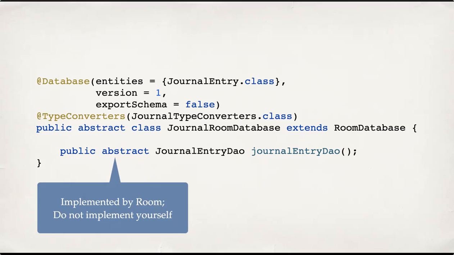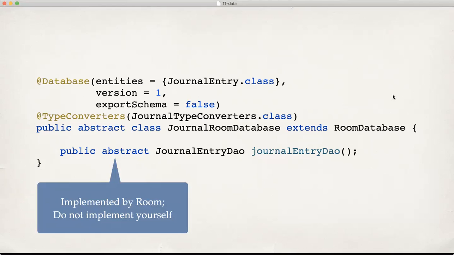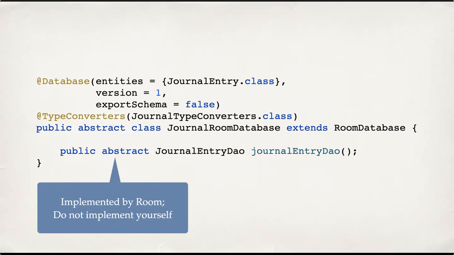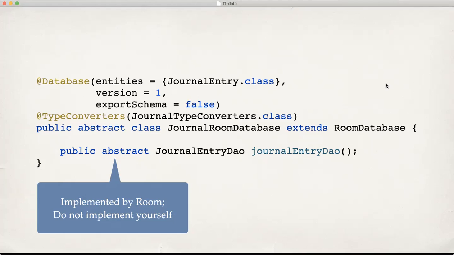You just have to specify a public abstract method that returns the appropriate DAO. If it has the proper signature, Room library is going to implement it for you. So you don't see any of the boilerplate code. It's all done under the hood for you, and you have very clean, very concise code in your app's code and your code repo like this.